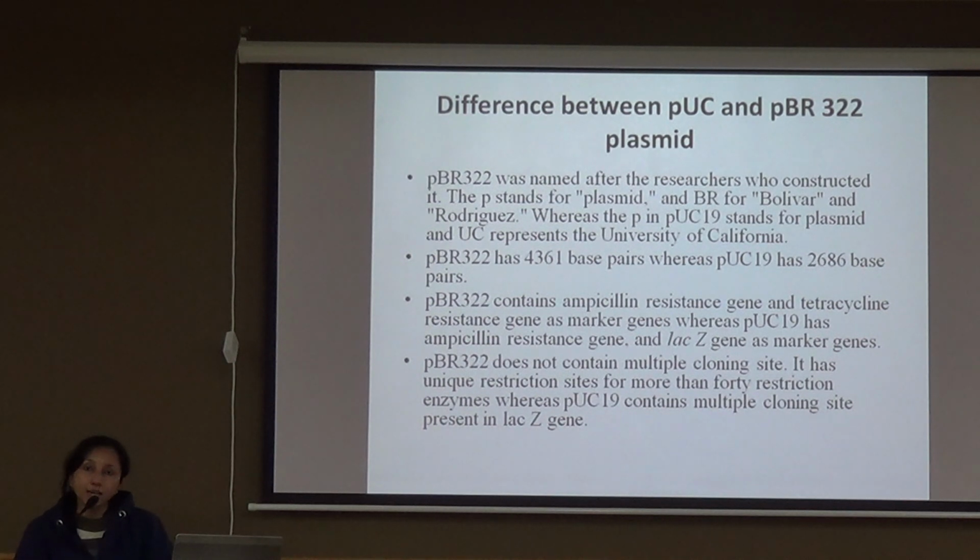That is one site for many enzymes: one restriction site for HindIII, one for BamHI, one for SmaI, one for HaeIII, etc. So we have one site for many restriction enzymes. That fragment is known as multiple cloning site, and this is incorporated in pUC19 but not in pBR322. pBR322 contains 40 restriction enzyme sites separately.